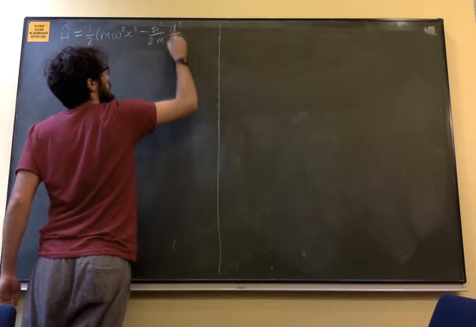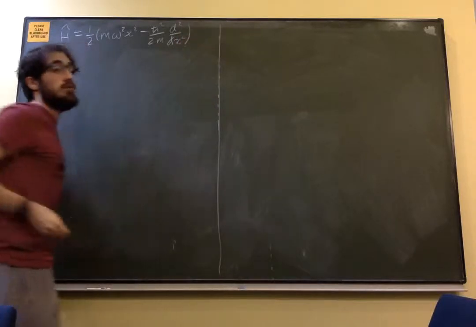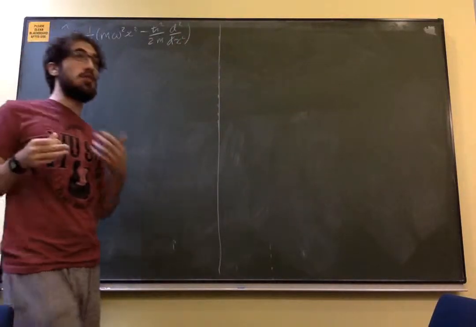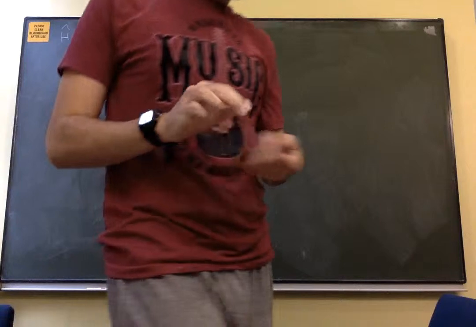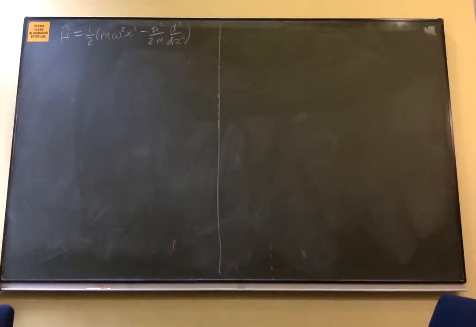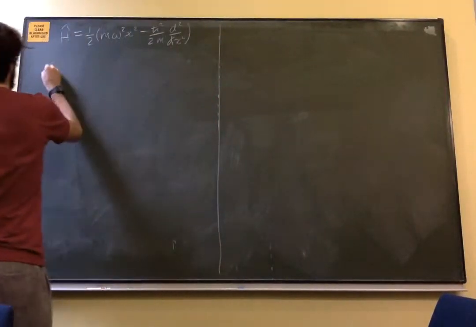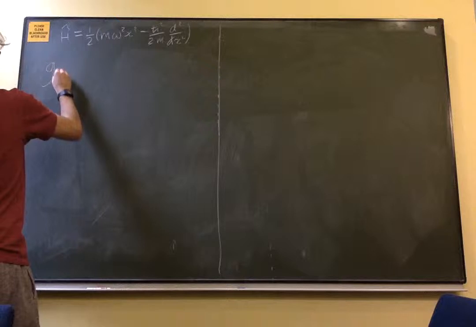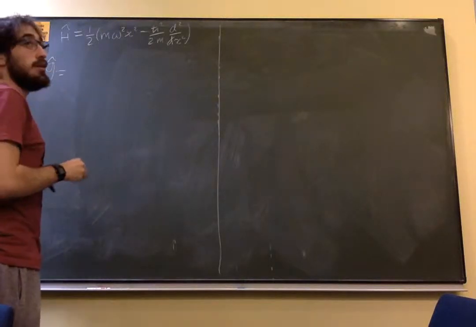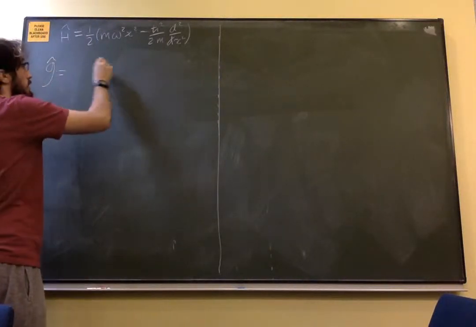Now, what we do is we scale to dimensionless quantities, because it makes the algebra a lot easier when we do that, okay? This is something we tend to do in physics quite a lot, actually. Okay, just give me a second. Right. So, I define G, the operator G, to be, I'm going to base it off of this, okay?